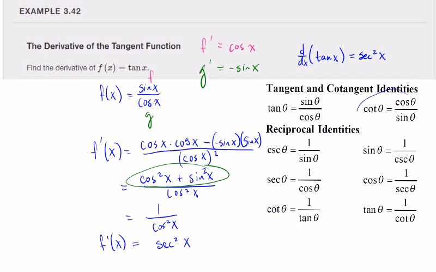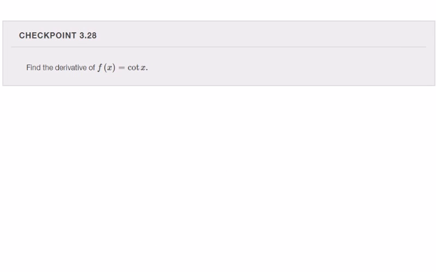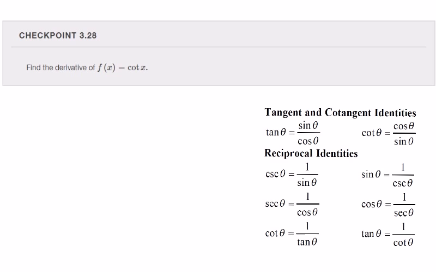And we could do the same thing with cotangent, which is something you may be asked to do on the assignment. Or maybe I'll ask you to do it right now. So first of all, what I want you to do is tell me what cotangent equals in terms of sine and cosine, right?